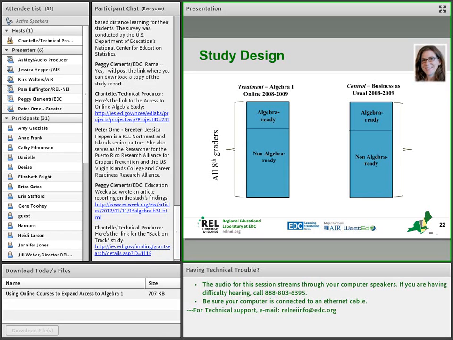In treatment schools, Algebra Ready students were offered the opportunity to take Algebra I as an online course. And in control schools, Algebra Ready students, like non-Algebra Ready students, took the business as usual math class that was available to them. In treatment schools, non-Algebra Ready students took the general 8th grade math class.